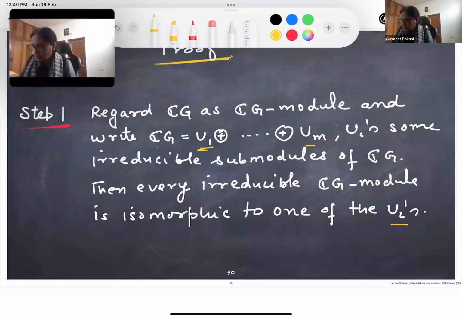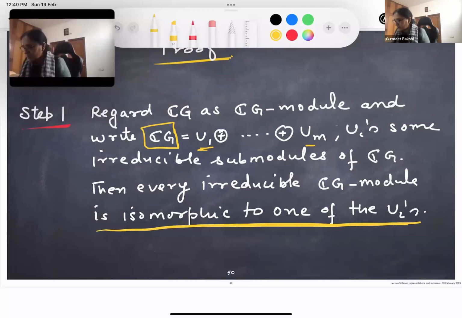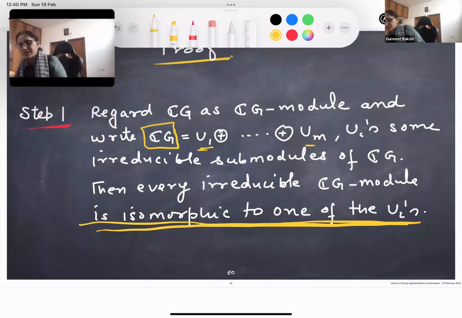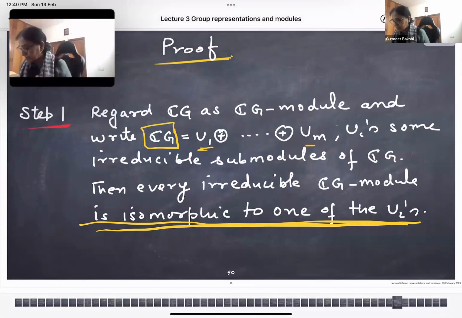If you break this as a direct sum of irreducible CG modules, then up to isomorphism you will get hold of arbitrary irreducible CG modules. Every irreducible CG module is isomorphic to one of the U_i. So it is enough to have these in hand in order to write down irreducible representations. So I will prove this.